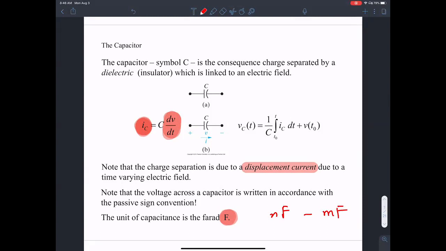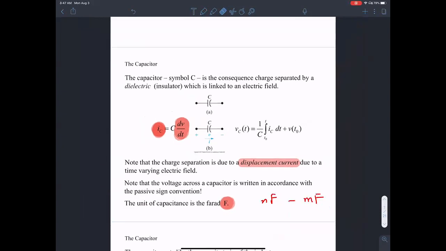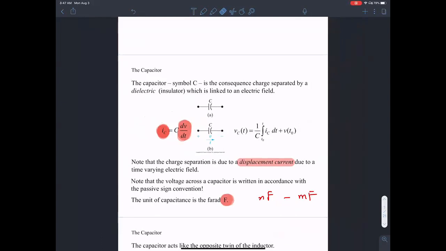In some circuits where you're dealing with integrated components, it's not unusual to see picofarad capacitances as well. One farad is also a reasonable size for a capacitance, but it's not too often that you encounter this in electronic circuits.